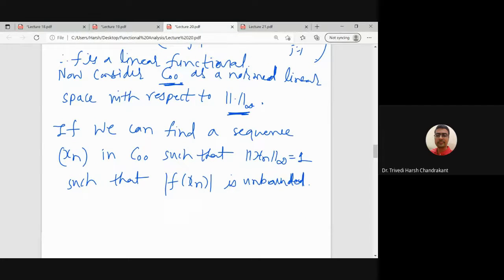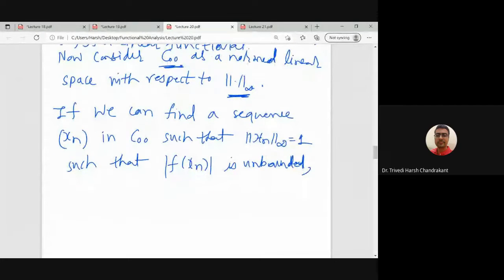If we can do this, then f is discontinuous.